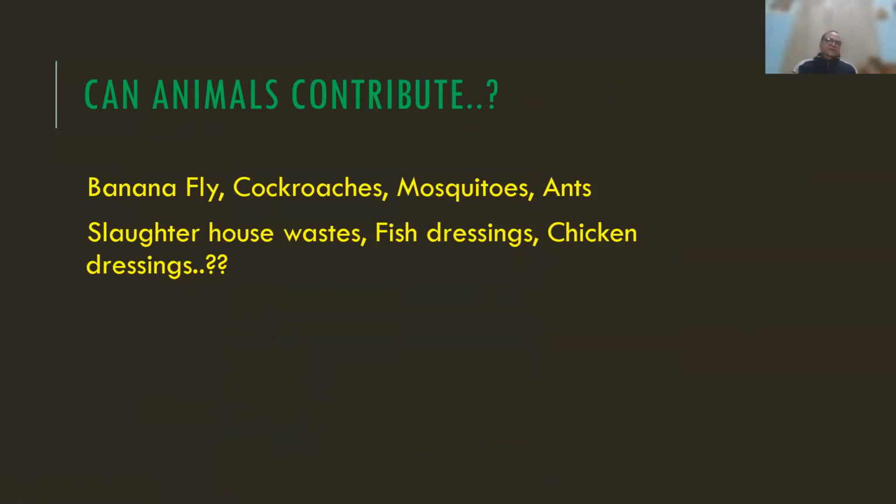Then at this very point, can we think that animals can contribute? Like banana fly, the green fly which comes over mango, cockroaches, mosquitoes, ants, slaughterhouse wastes, fish dressings, chicken dressings. Well, they do. I told you that if you don't take them into proper use, one good use could be induced fossilization.